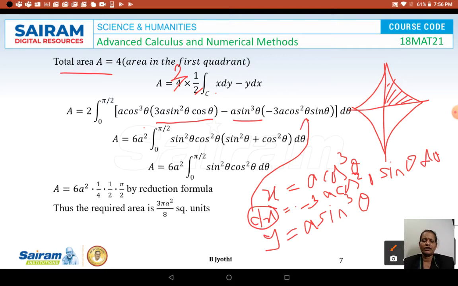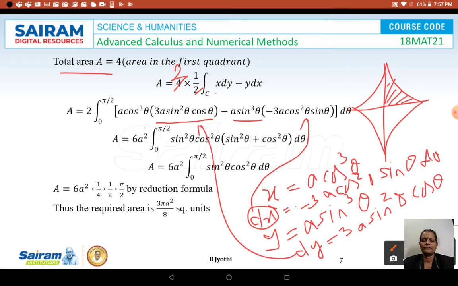Similarly, dy is 3a sin square theta cos theta, and this dy was replaced here. So x is a cos cube theta, y is a sin cube theta, and dy and dx are respectively replaced, and everything is multiplied with d theta.